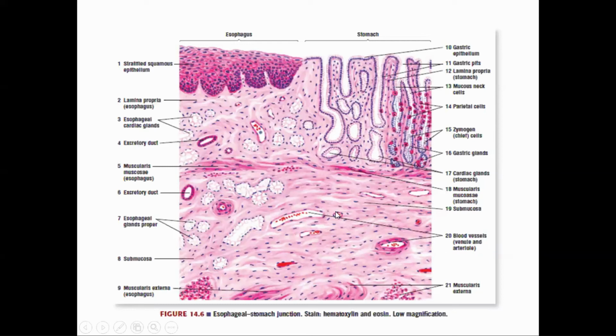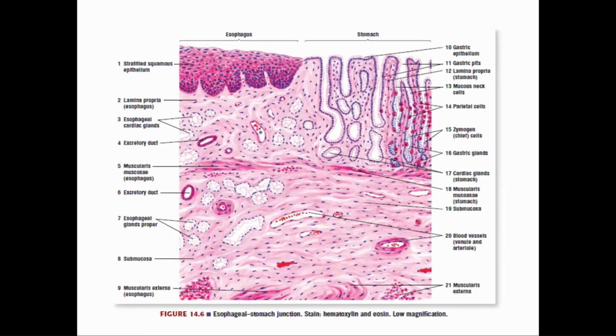From outside inward, it consists of four layers: serosa, which is lined by the mesothelium, resting on the loose connective tissue, which consists of nerves, blood vessels, etc. Then the second is the muscular layer. Usually we say that it consists of two layers, but in case of the stomach, it consists of three layers of muscles.